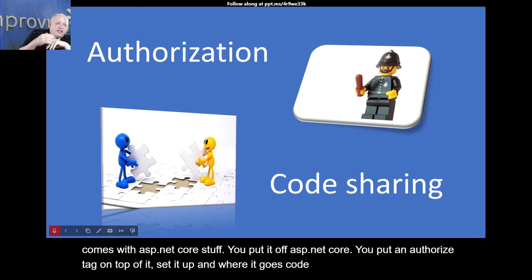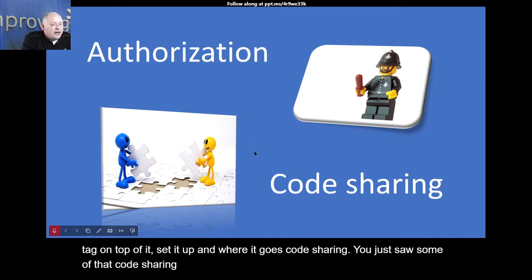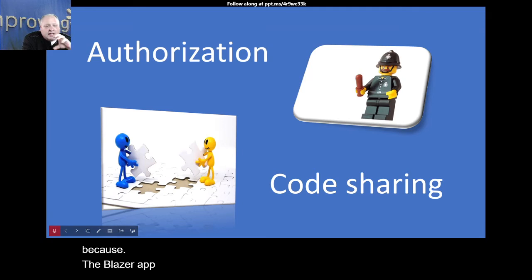Hopefully I'll show you some more here in a moment because the Blazor app doesn't care where it runs. It can run on the server, it can run on the client.